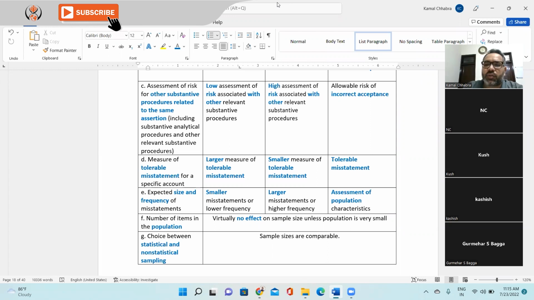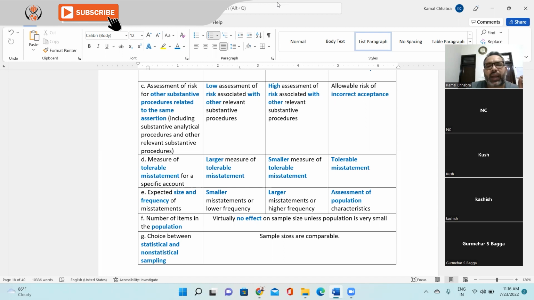But in addition, you have already performed the reconciliation procedure for completeness. So how much comfort you have gained from the existing procedures you have performed, accordingly you will be putting the risk on the other activities which you are planning to perform. If the risk assessed is low with the other relevant procedures which you have performed, then the overall number of samples you need to test will be low.